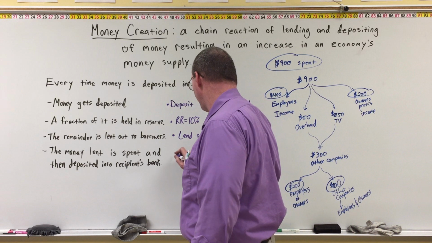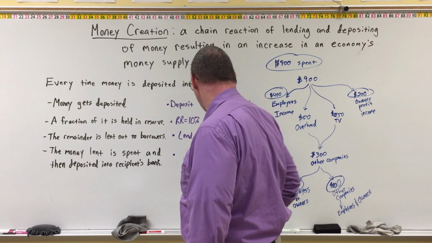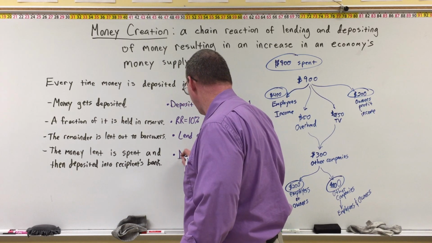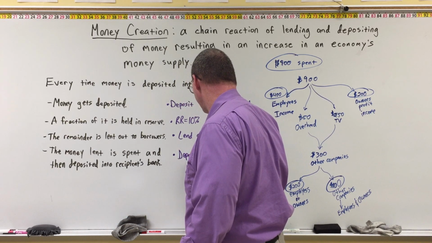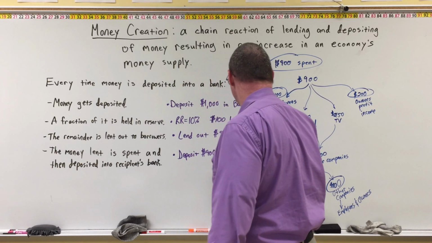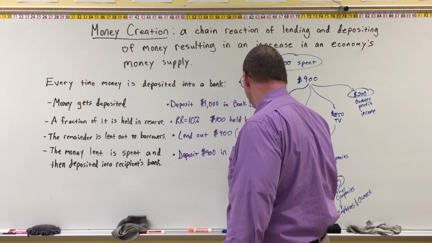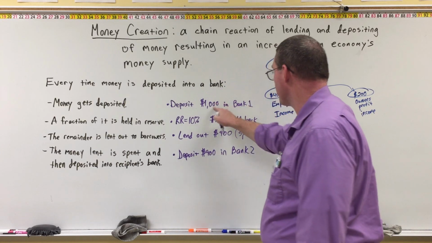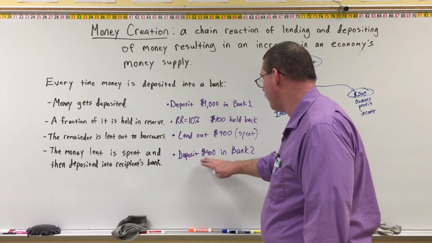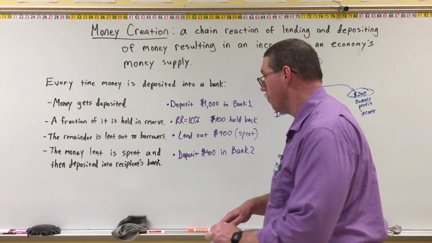Whoever received it from there, employees and owners and businesses, they're now depositing it. They're going to deposit $900 in bank number 2. So now we have two banks involved. We have bank number 1 that received $1,000 and lent out $900. Now we've got bank 2 that's receiving $900, and they're going to loan out some money too.